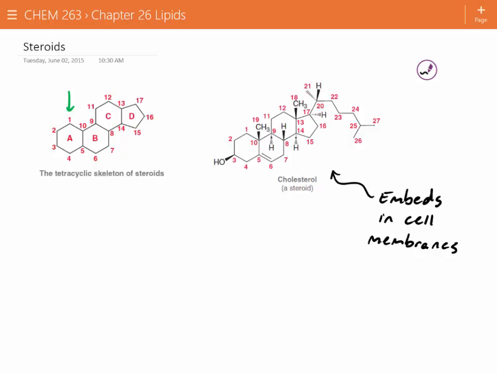And this is an interesting debate in popular culture, whether or not cholesterol is good or bad. And we've got two different types of cholesterol. We've got HDL and LDL. The first one is high density lipoproteins.